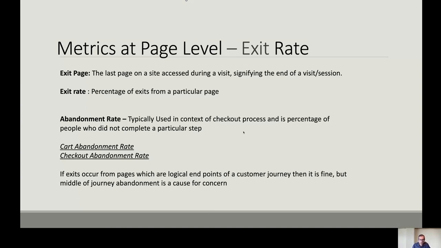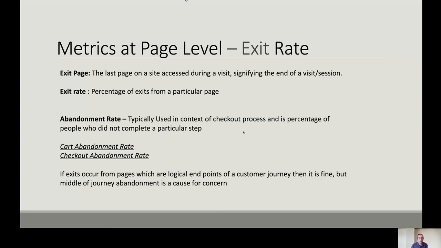So abandonment rate typically is considered a bad thing because the user's customer journey was not yet complete, and therefore the user left the website in between an important part of the customer journey and did not convert, right? If, on the other hand, an exit occurs from a page, which is a logical endpoint of a customer journey, then it is not considered such a bad thing.